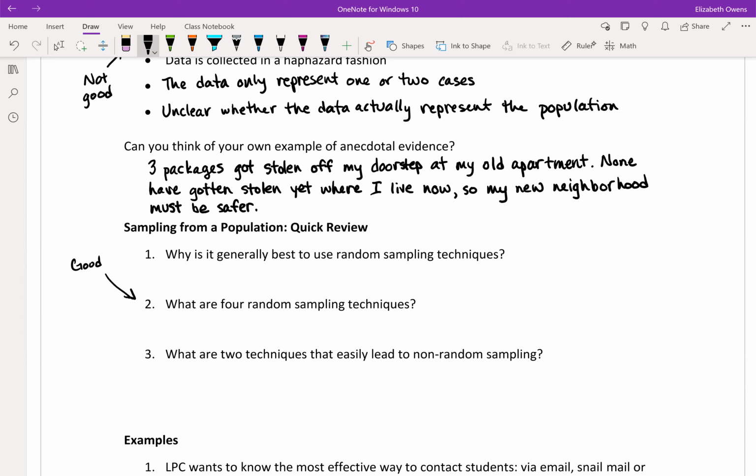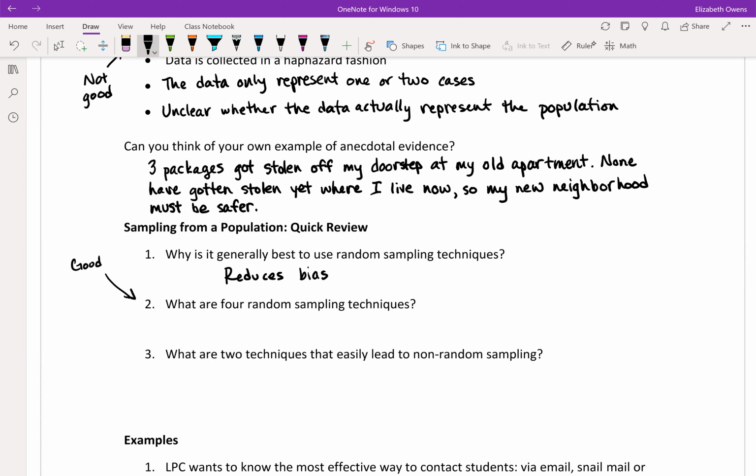And why is it generally best? See if you know. All right, you can review in section 1.2, but the overall idea of why random sampling is good is because it tends to reduce bias. All right, getting a nice random sample from the population increases the chance that the sample will be representative of the overall population because we're just picking at random.